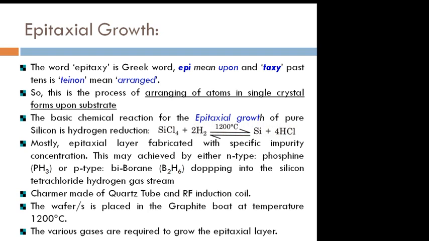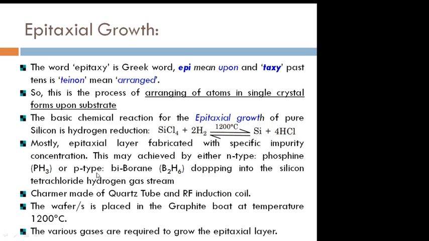ट्राइवेलेंट इम्प्योरिटी, एंड एन टाइप लेयर बनाने के लिए आपको पेंटावेलेंट माने 5 वैलेंसी वाला इम्प्योरिटी यूज़ करना पड़ेगा. एंड वेरी वेल नोन, यू आर नोइंग दैट इज़ अ phosphorus. So here we will be using a phosphorus not as a phosphorus raw material, but it would be in the gaseous formation. So that would be the phosphine gas, which is referred as a PH3.